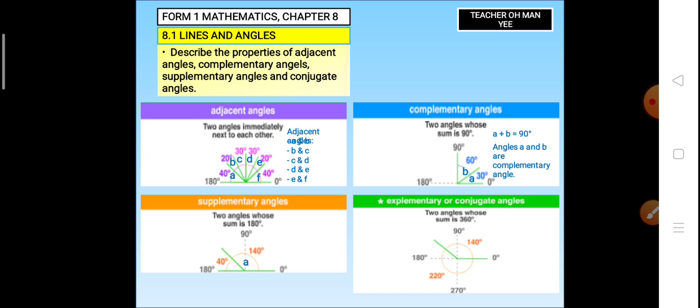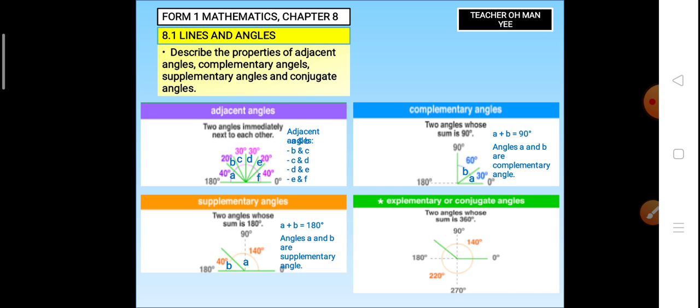Let's say we have angle A 140 degrees and angle B, which is 40 degrees. Here, we add up both angles, we get 180 degrees. Hence, we can conclude that these two angles are supplementary angles. So class, complementary, the sum is 90 degrees. Supplementary, the sum is 180 degrees.